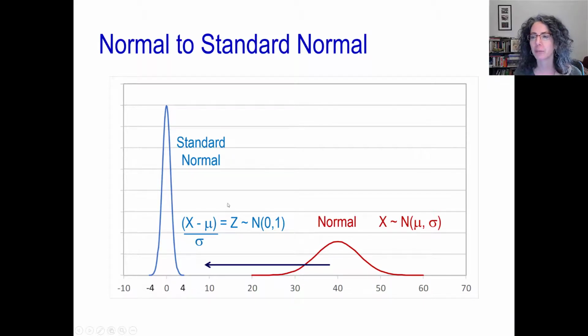And we would do our probability computations, and then we would shift back to the original normal distribution by multiplying z by the actual standard deviation and then adding back on the mean to shift it.